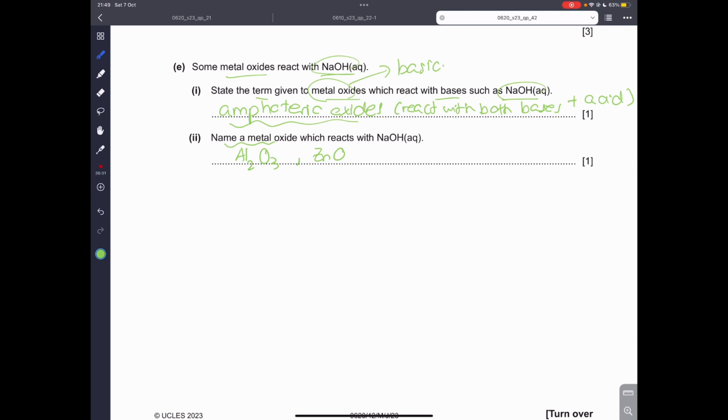If you write in formula form, make sure your formula is correct, or you can also give it as aluminum oxide in word form. It does not really matter. So yeah.